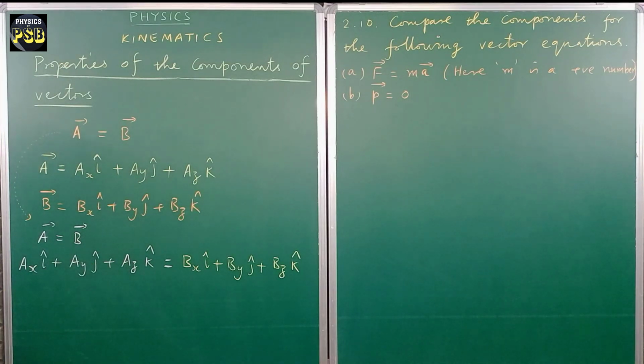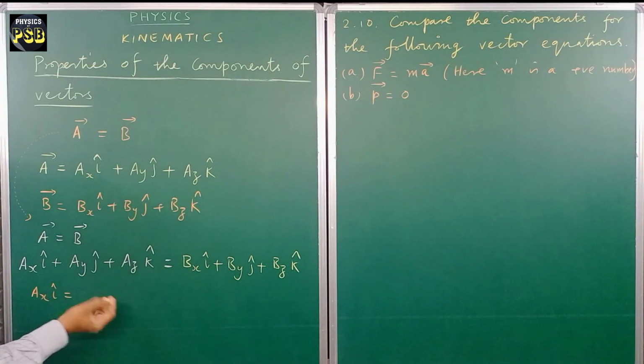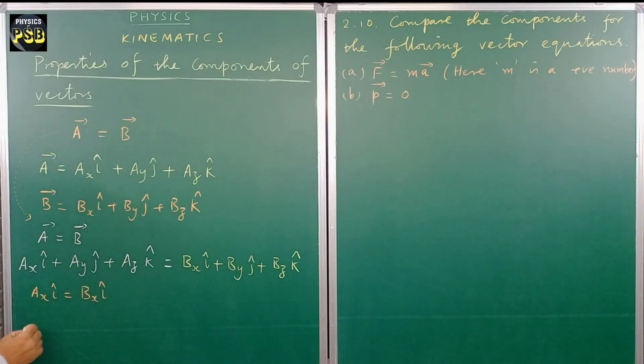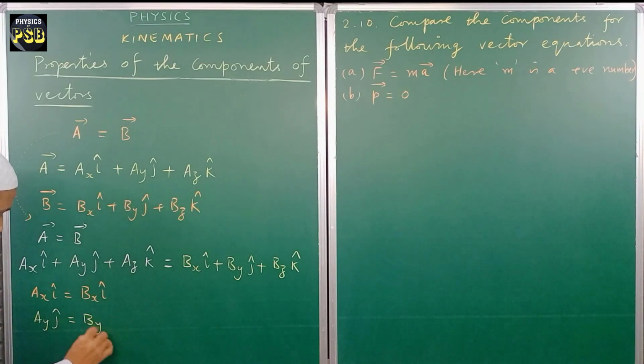So, if both are equal to each other, then Ax i cap will be equal to Bx i cap, and Ay j cap will be equal to By j cap.